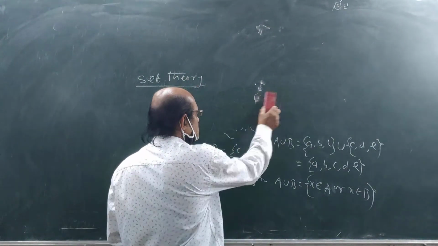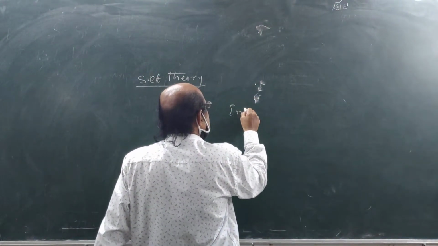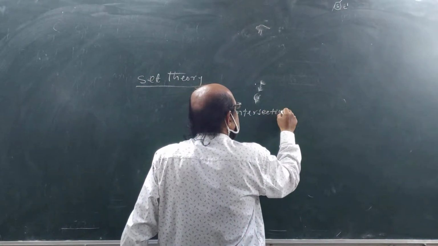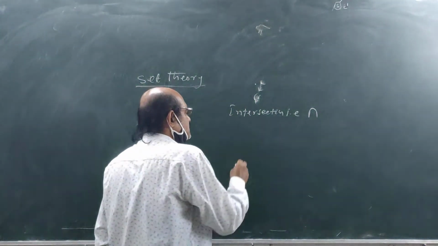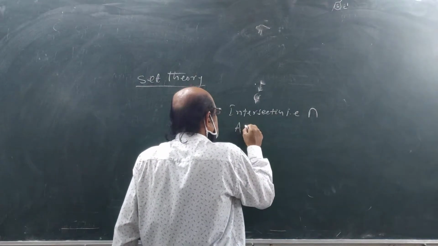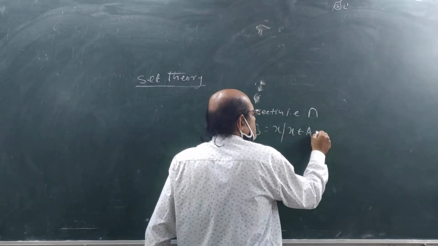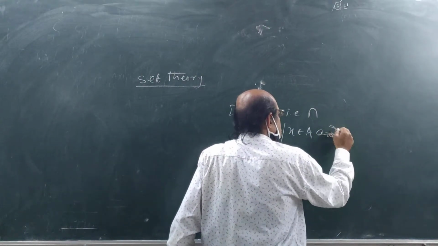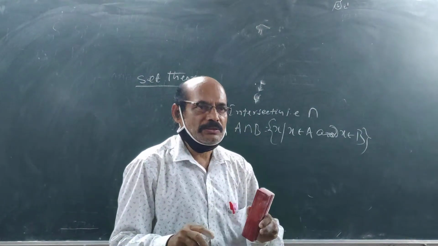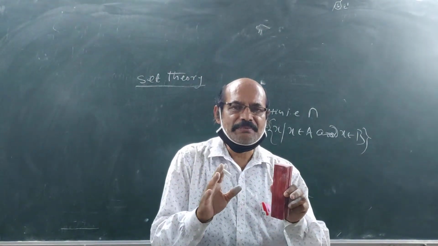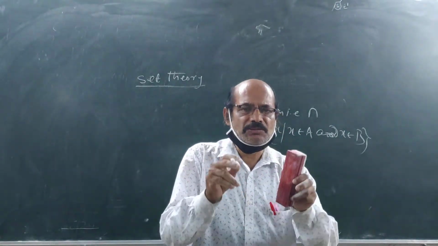Now we will discuss intersection. Intersection is denoted by this symbol, ∩, like an inverted U. The definition is A intersection B is equal to {x such that x is an element of A and x is an element of B}. By your understanding, the intersection means the common elements in the sets.